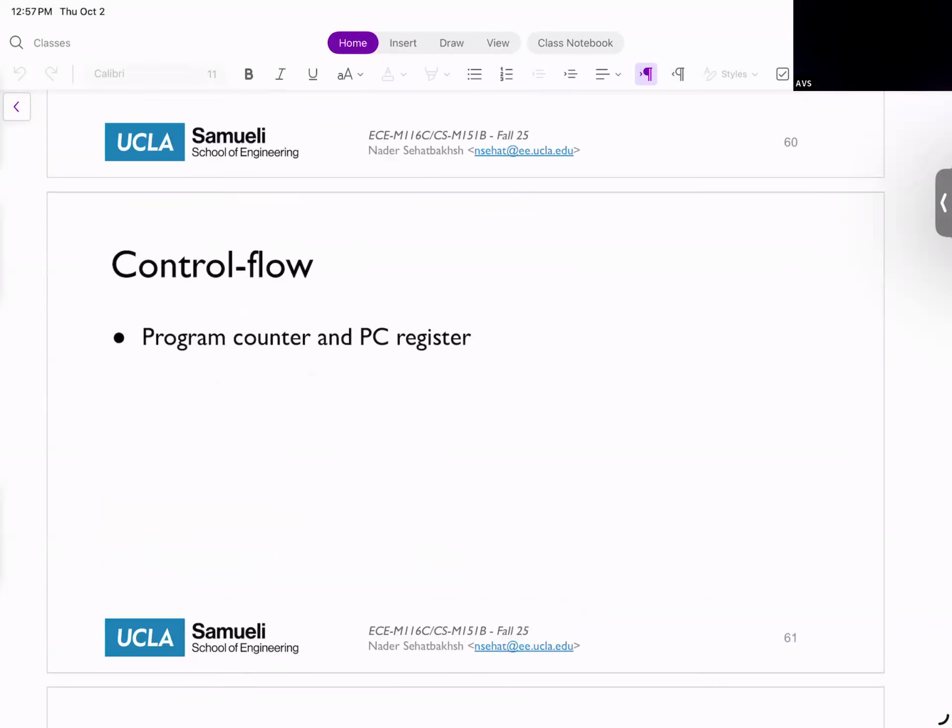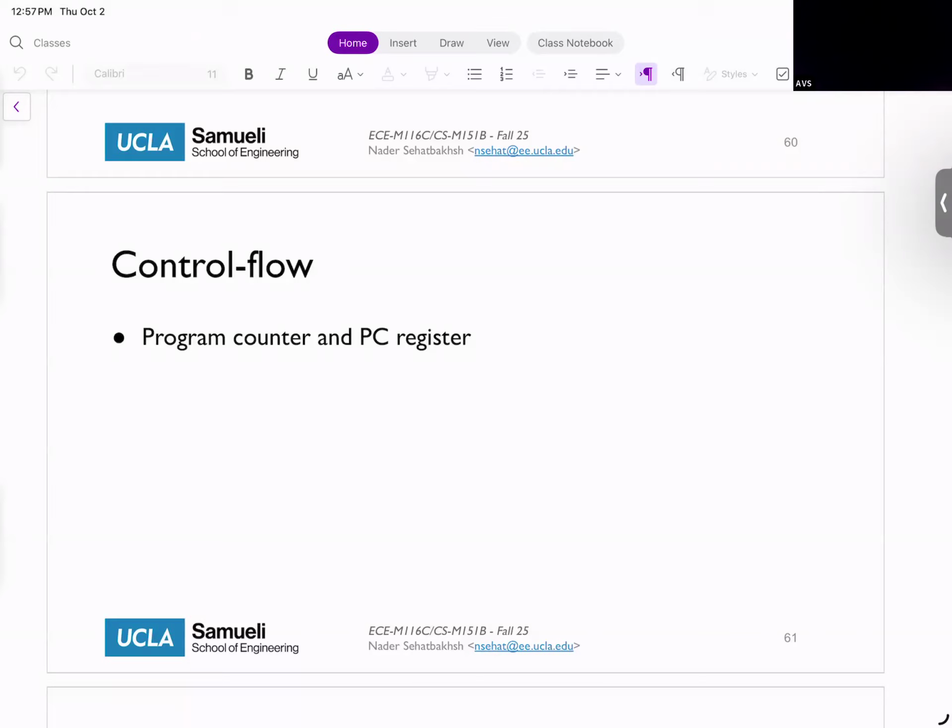All right. So let's talk about the last part, which is the control flow. Remember I told you that we are following this system or format called stored program computers, or von Neumann machine. In a von Neumann machine, we consider a program as a sequence of instructions whose order matters. And we have this specific register called the program counter, or PC, that keeps track of the current instruction that we are executing.